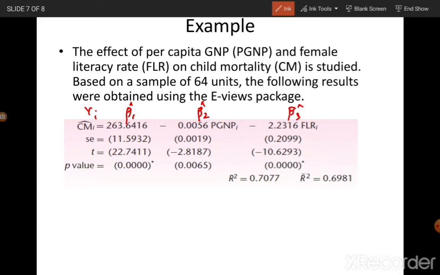So the very first line gives you the estimated values of beta 1, beta 2, beta 3, right? They are estimates based on the sample, that is why they are denoted as beta 1 hat, beta 2 hat, beta 3 hat.